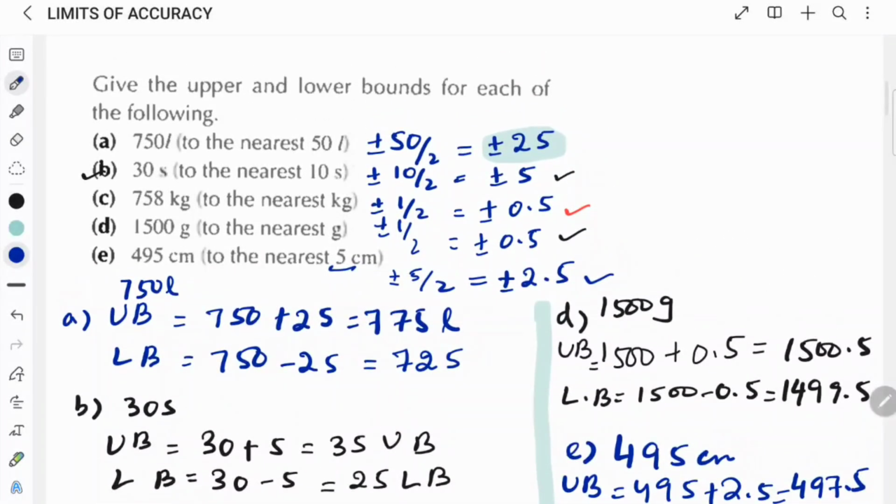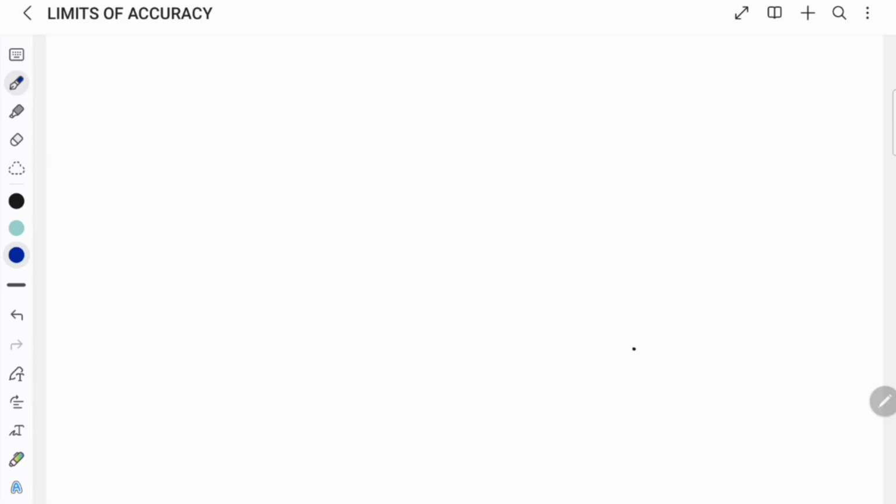We did lots of parts for upper and lower bounds according to the question and the information given. Now remember, you will also get problem solving questions where you must find the maximum, greatest or upper bound, or the minimum, least or lower bound. When you read the question, you have to identify whether to add, subtract, multiply or divide.